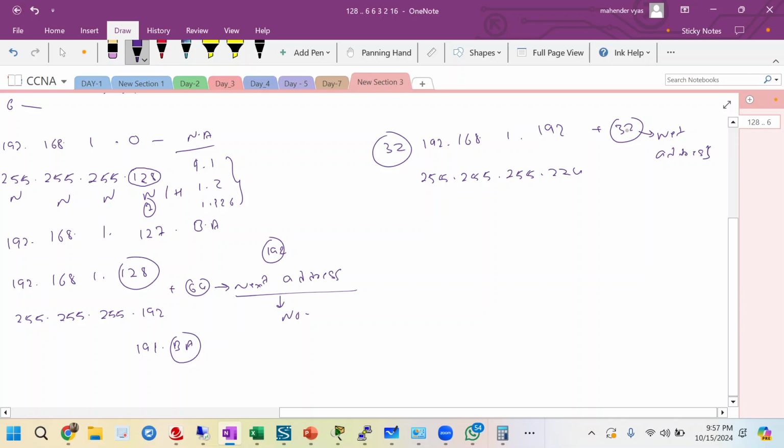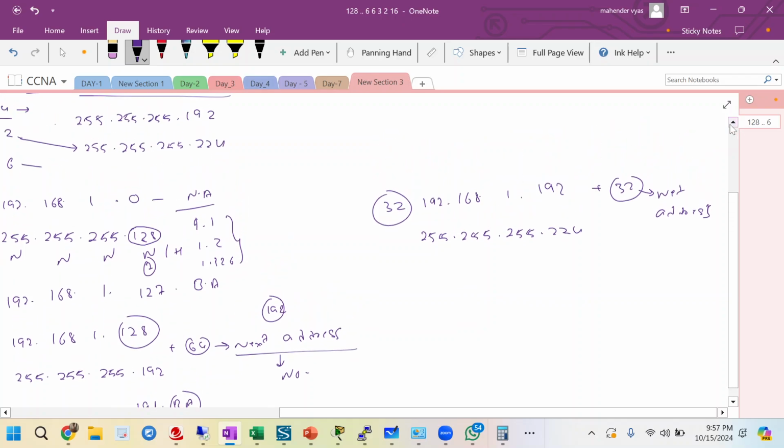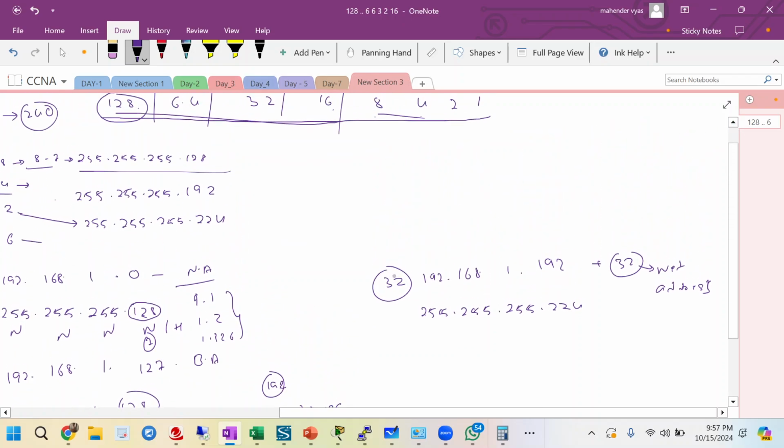See, whatever our block size value, for 30 users it was 32, right? That's why I am adding the number 32. I am not saying our requirement is 60, so you add 192 plus 60. It will not work like this. Whatever your block size value is, you need to add that number to get your next address.